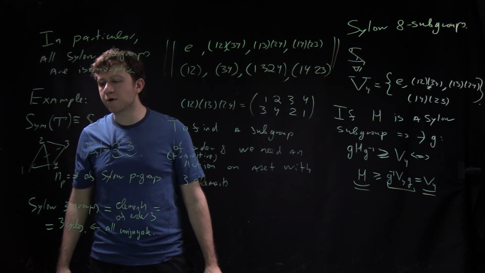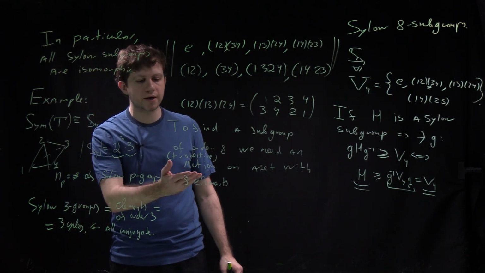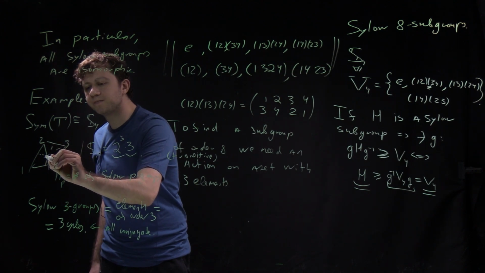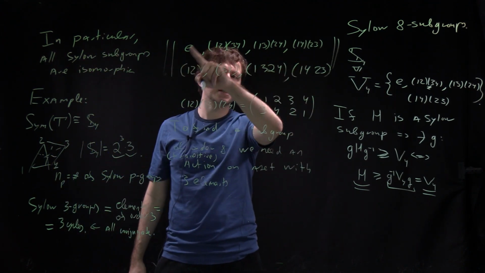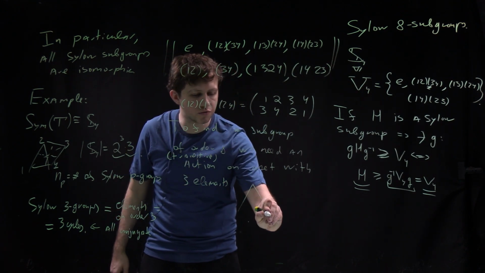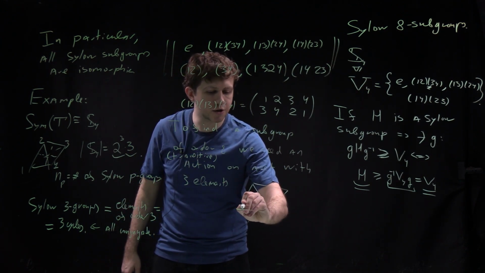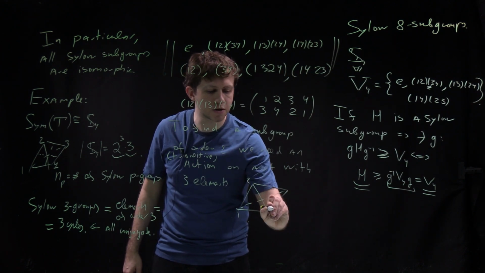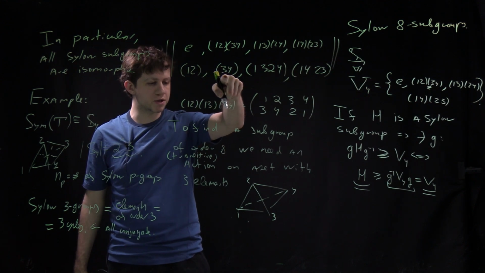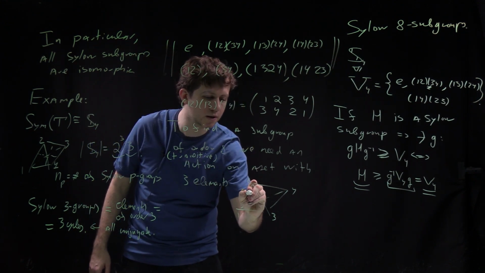And remember, we already had an action on 3 elements. You just take these middle diagonals. There are 3 such diagonals, and to get the subgroup, you want this to be a stabilizer, so you want a diagonal which is stabilized under 1, 2, and 3, 4, so it will be this one.